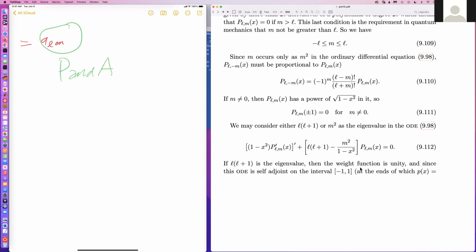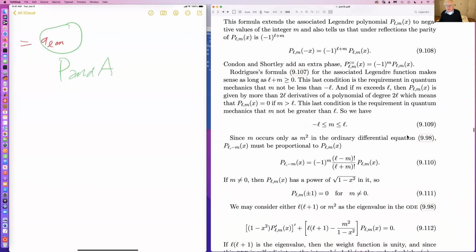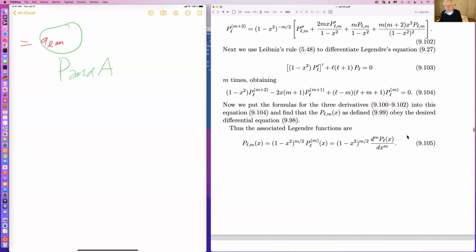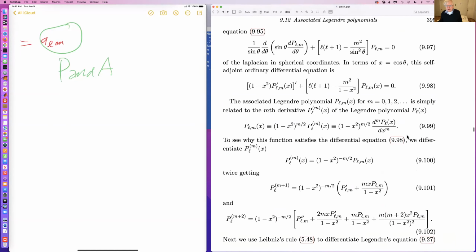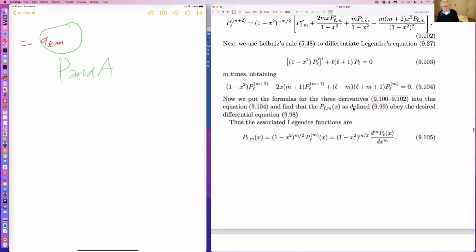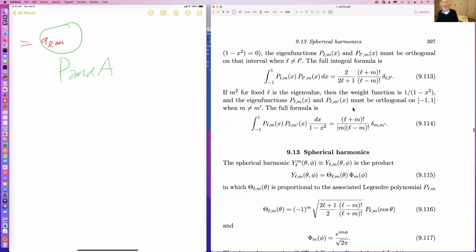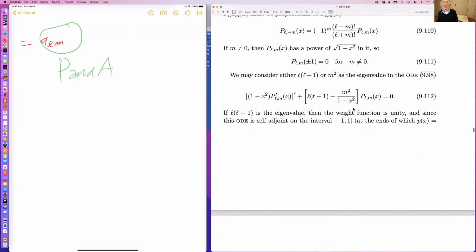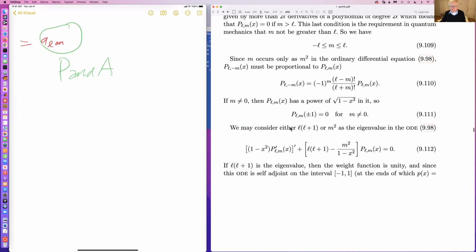Now, if we write the equation satisfied by the associated Legendre functions, I think we saw that equation earlier. It looked a little different this second time. No, there's still an m squared here. So if we look at that equation, we can think of this in two different ways. We can think of L(L plus 1) as the eigenvalue, or m squared as the eigenvalue. If L(L plus 1) is the eigenvalue, then the weight function is unity, because that's the thing that multiplies the eigenvalue.